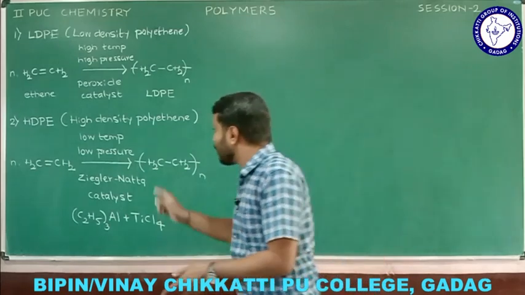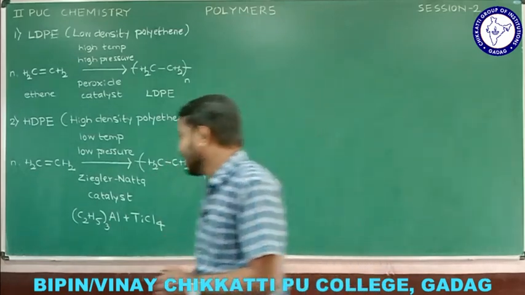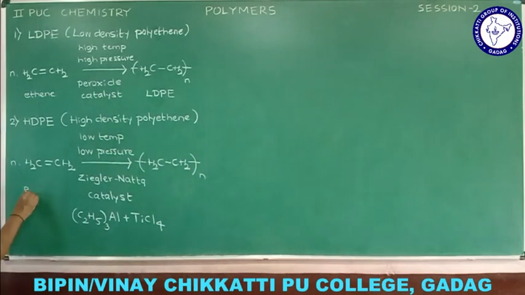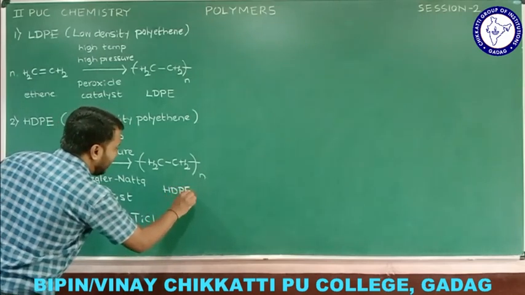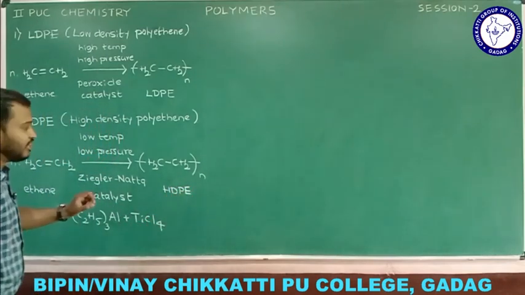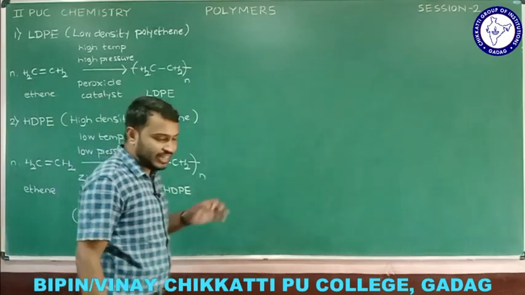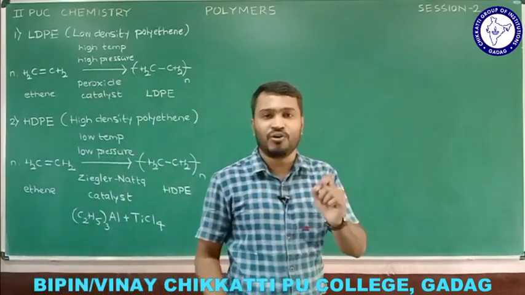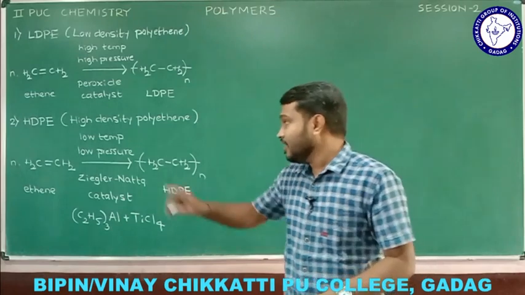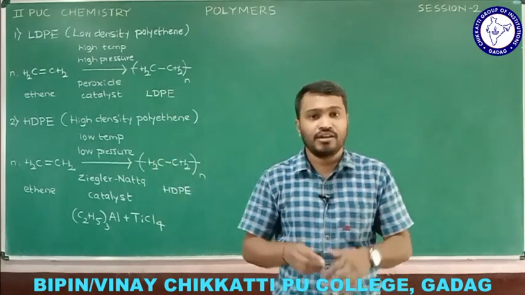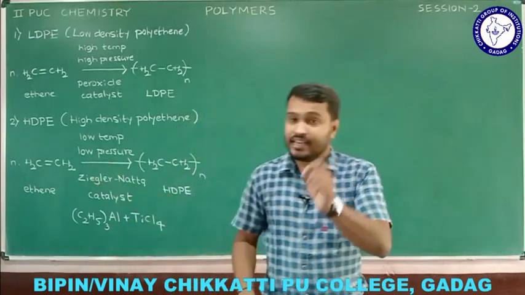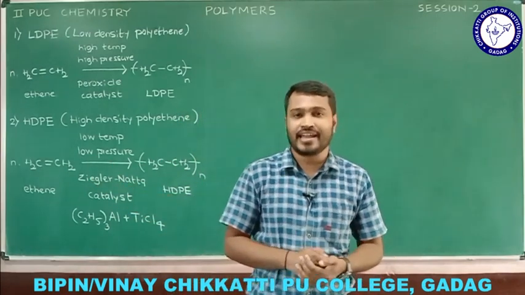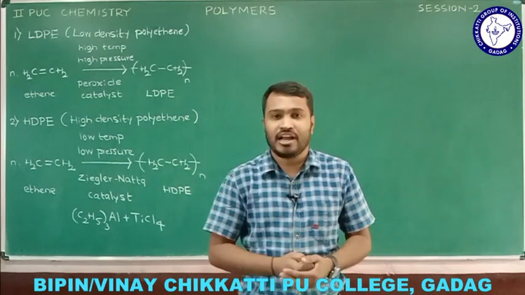And how to write the statement for this one? I told you already, you need to write the monomer's name and the polymer's name. This will be HDPE, and now you can guess how we are supposed to write the statement: HDPE or high density polyethylene is formed by addition polymerization or homopolymerization of ethene in the presence of Ziegler-Natta catalyst at low temperature and low pressure.